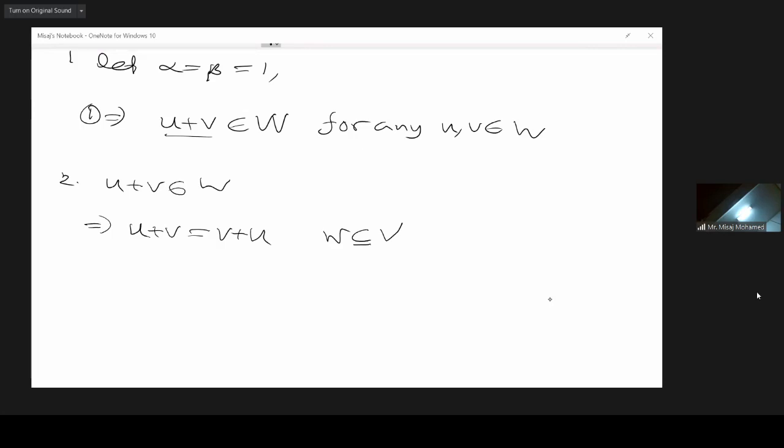Therefore U plus V satisfies the vector commutative property as elements of V, therefore U plus V is V plus U, but U plus V is in W, therefore V plus U also same in here. මේක තේරුණාද නැද්ද?